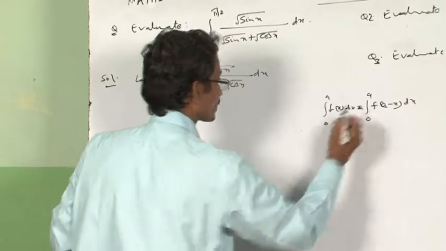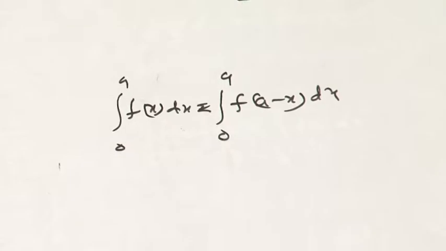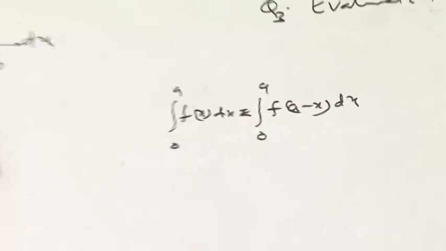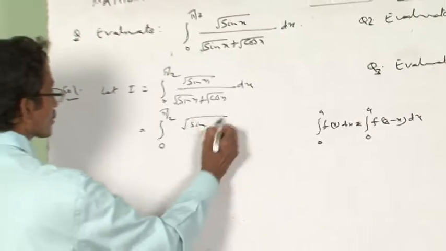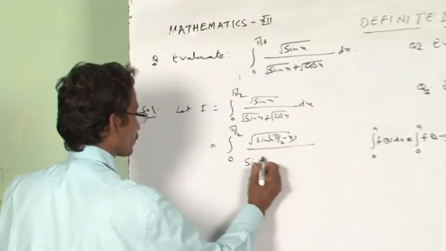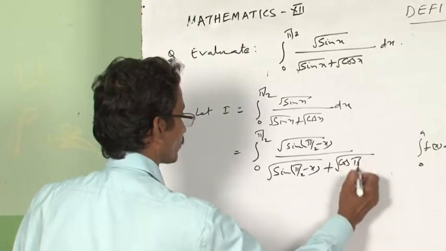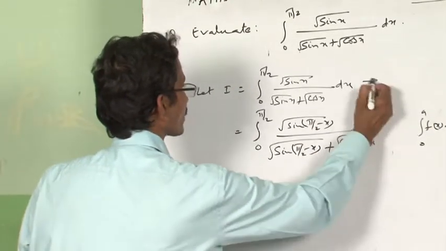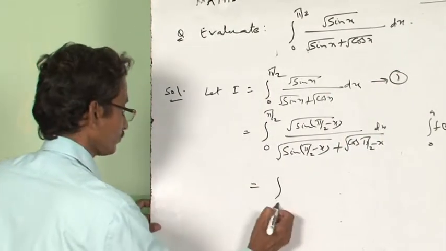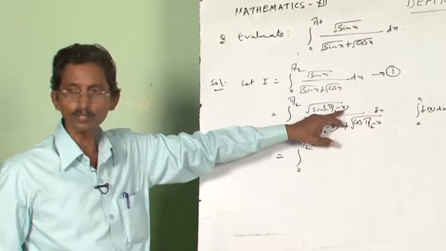This property is useful to evaluate the given question. So, I am writing this as square root of sin of pi by 2 minus x by square root of sin of pi by 2 minus x plus square root of cos of pi by 2 minus x. I treat this as equation 1. Now, sin of pi by 2 minus x is equal to cos x.